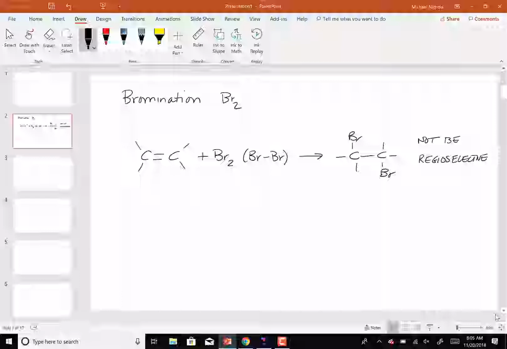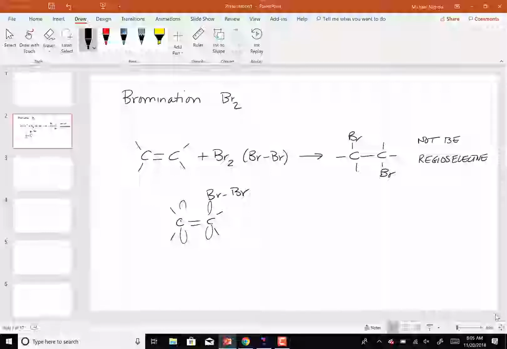So what happens is this. When you do bromination and you have your double bond, the Br2 approaches the double bond. And remember that the double bond has the pi bond. As the Br2 approaches that pi bond, the Br2 polarizes.